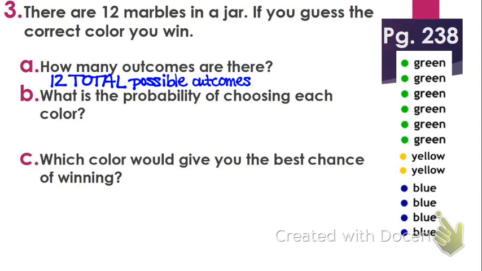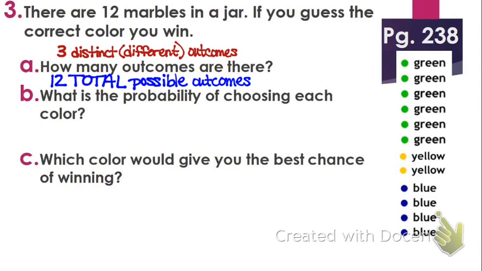There are 3 distinct or different outcomes. But when I'm talking about the total number, there are 12. Does that make sense?